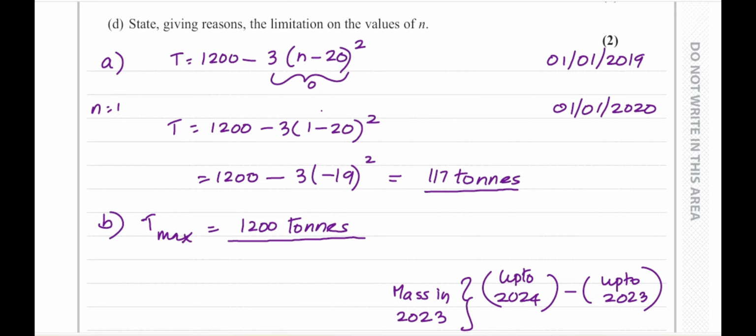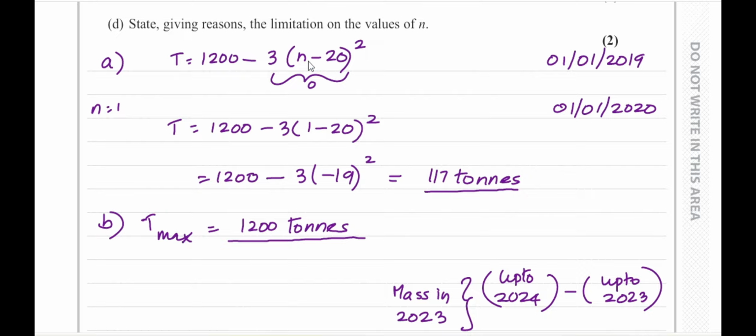Part D. State, giving reasons, the limitation on the values of n. In all model related questions, you will be having a last part where you have to make a comment on the validity of the model. As per the definition of the model, 1200 tons is the maximum or the total mass that can be mined in n years.